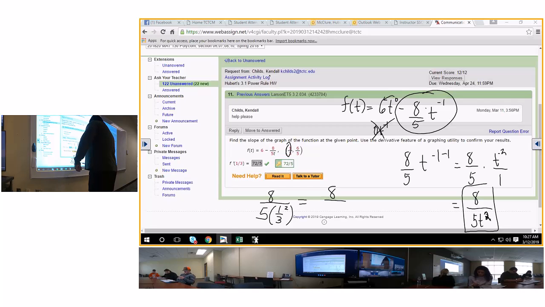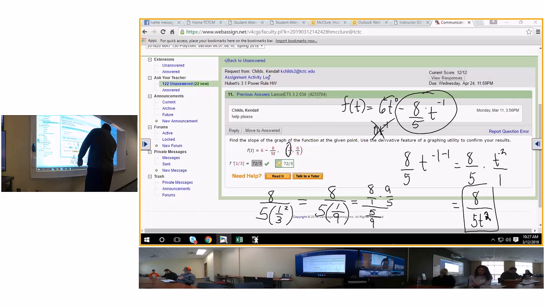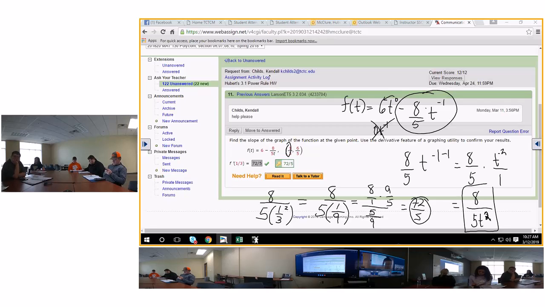Fractions. What's 1 squared? 1. Over 9, which is equal to 8 over 1 divided by 5 over 9. And what do you do when you divide by a fraction? Good job. And that gives you 72 over what? Hey, we got it right.